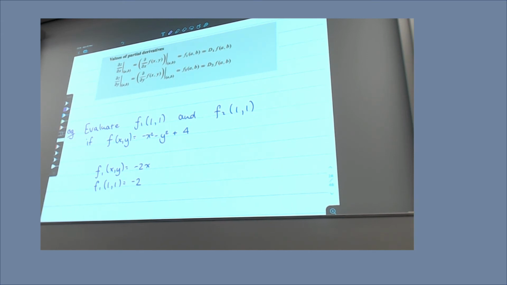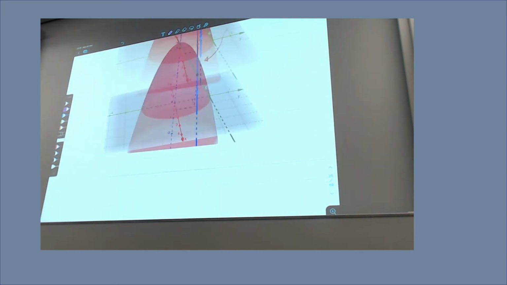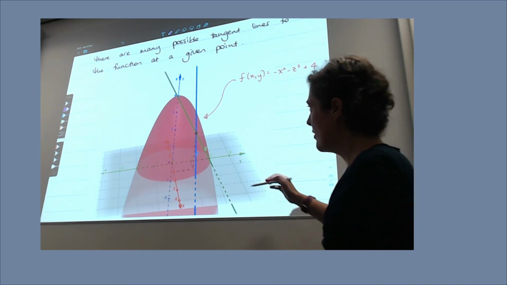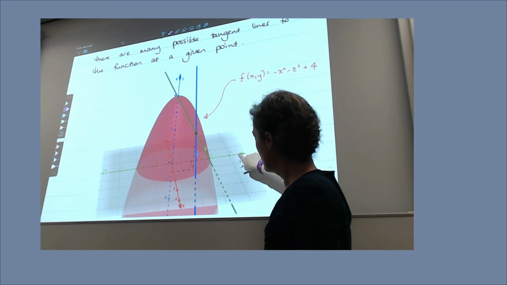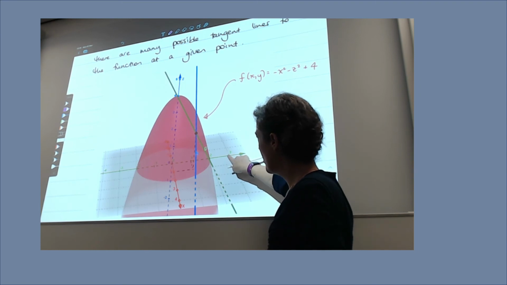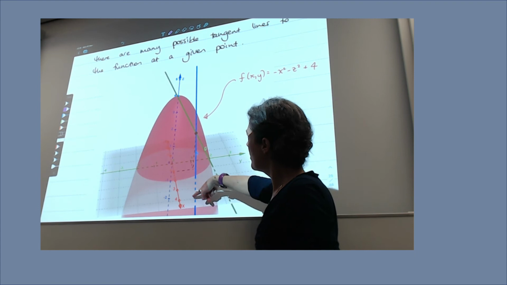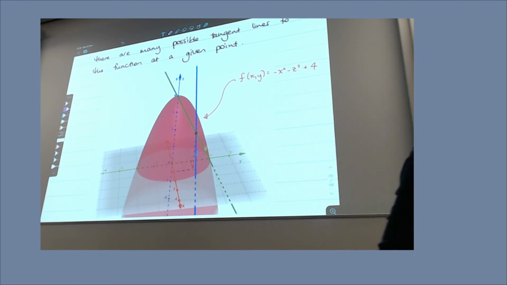So if we go back and look at our picture, which I think I put in here. If we're holding y constant and letting x change, I think we're on this line here. Sorry, I'm just going to switch over here. It's going to be better to see.